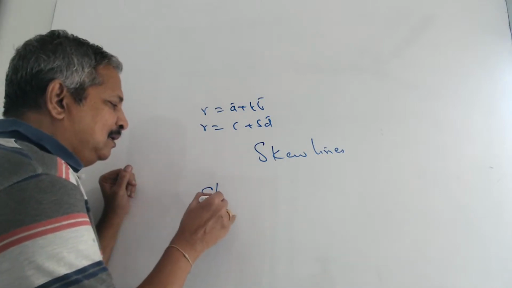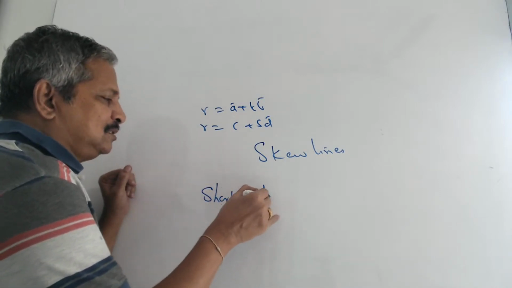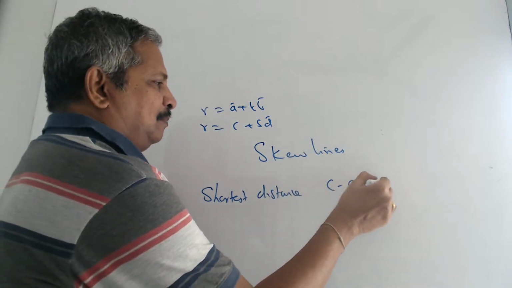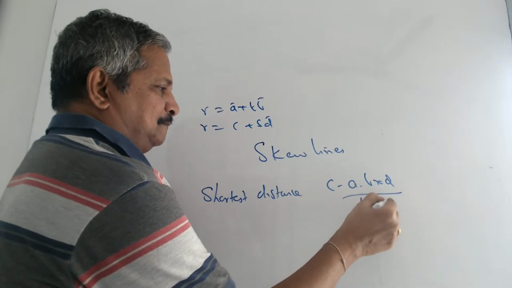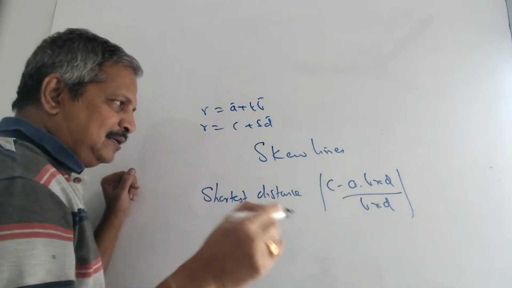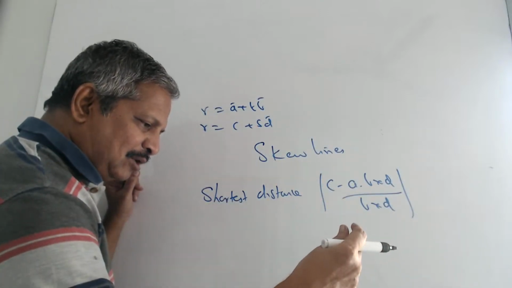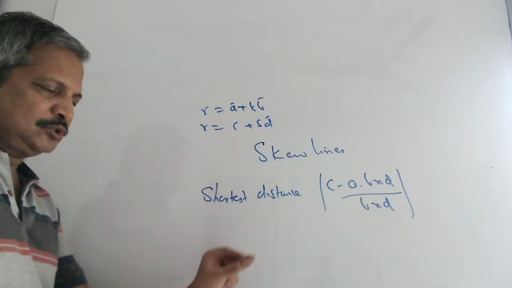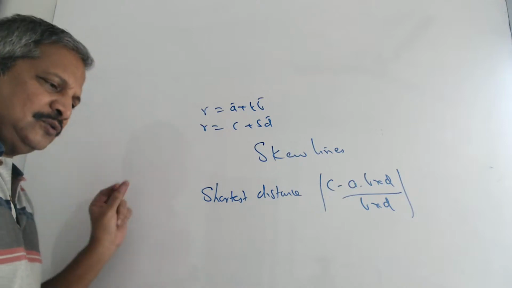Then the least distance, or the shortest distance, between them is (C minus A) dot (B cross D) by mod B cross D. This is called the distance between the skew lines.